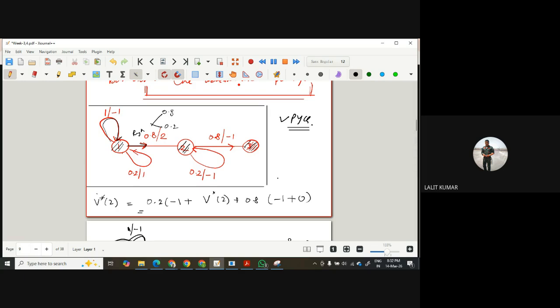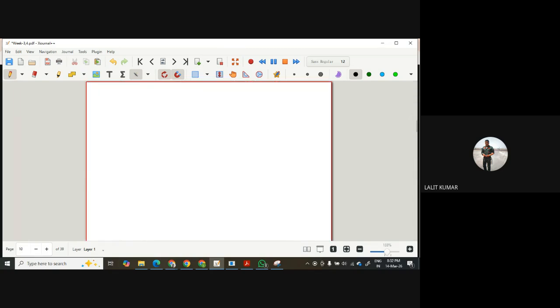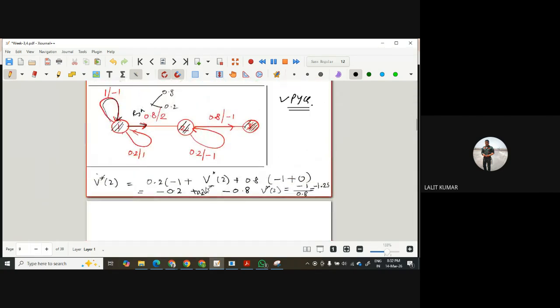So this will become minus 0.2 plus 0.2 V star of 2 minus 0.8. So V star of 2 will become minus 1 over 0.8, which is minus 1.25.